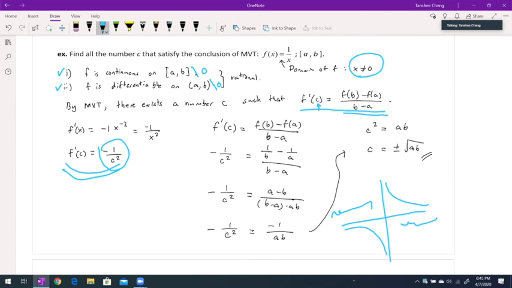Because the interval AB does not include 0, both A and B are negative values, or both are on the right side of 0, which is positive values. So that will help me get two different c values depending on which interval it is. Okay? So this is more of a generalized answer.